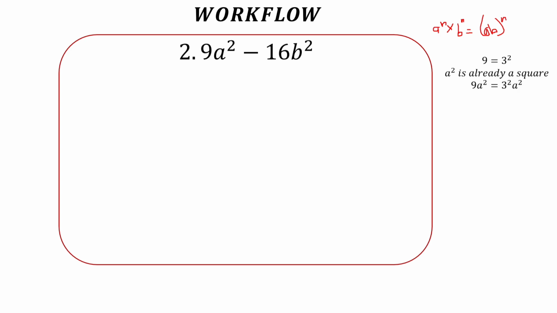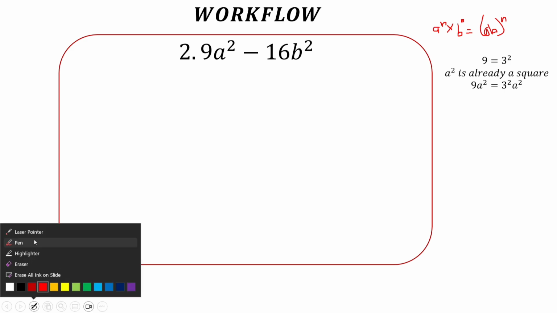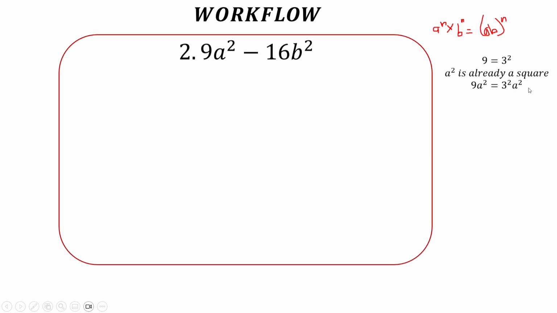We are just applying that to get the square for this particular term. That means we can write 3 squared a squared as 3a all raised to the power 2. So 9a squared can be written as 3a all to the power 2.